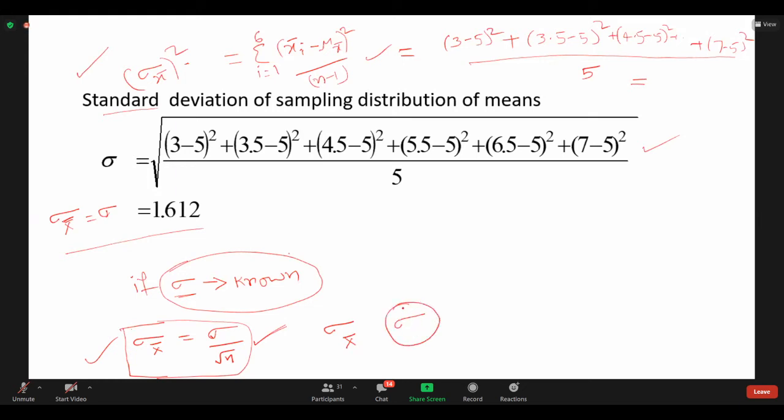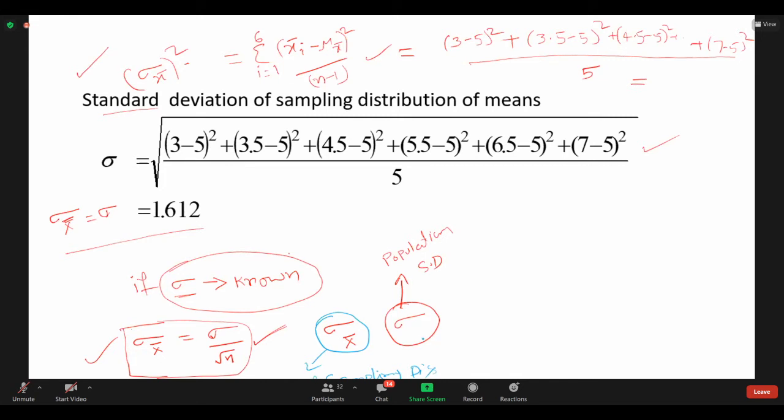This is the population standard deviation, and this one is the standard deviation of the sampling distribution of means.